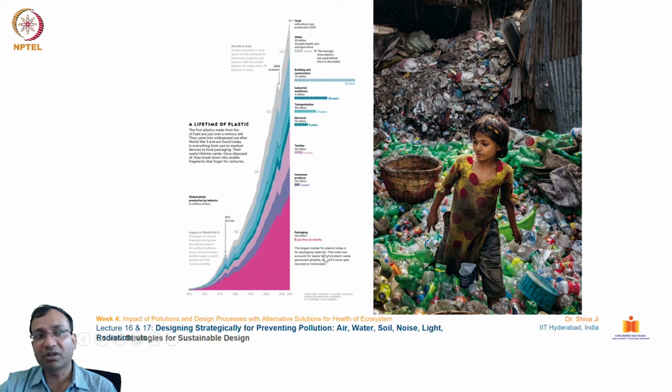That's a huge amount, which we can't even practically imagine, but we can see the reflection of it: our planet is kind of drowning in this plastic. In the growth in Asia, at the time of the recession in 2008, a slight dip was observed, but it maintained its pace.